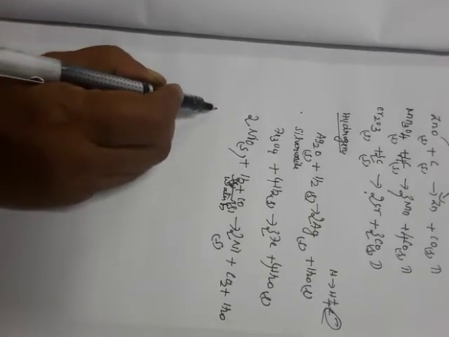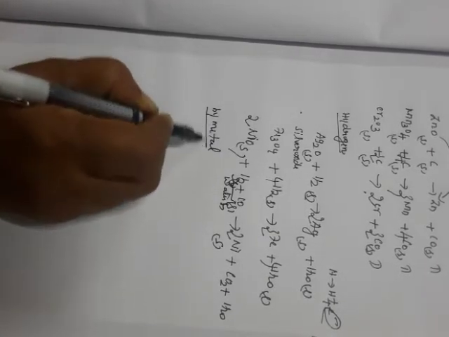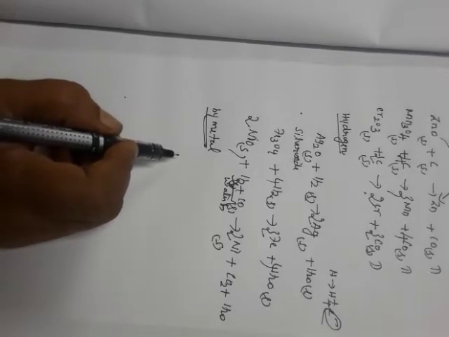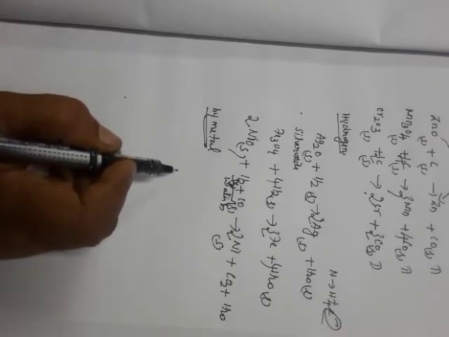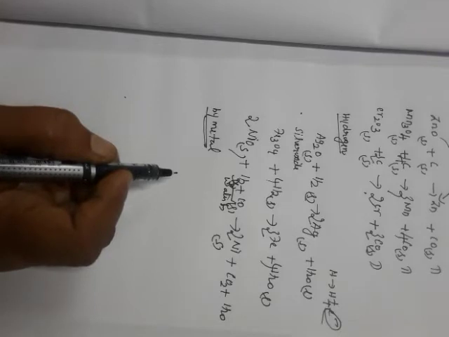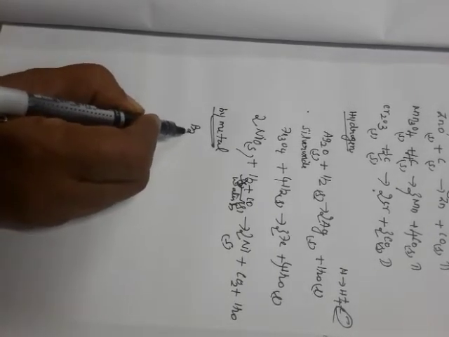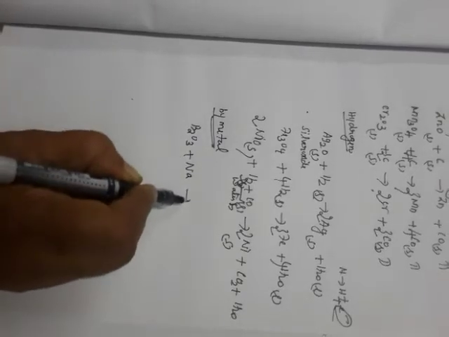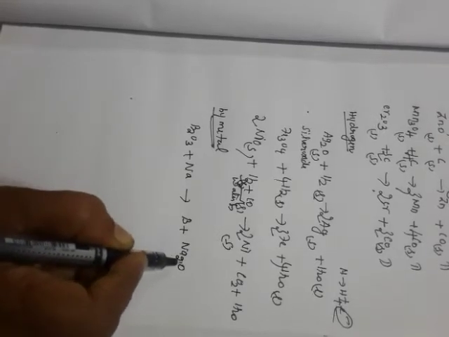Now, reduction by metal. Active metals such as sodium, magnesium, calcium can be used as reducing agents for reducing metal oxides to metals. For example, boron trioxide, B2O3, with Na forming boron plus sodium oxide, Na2O.